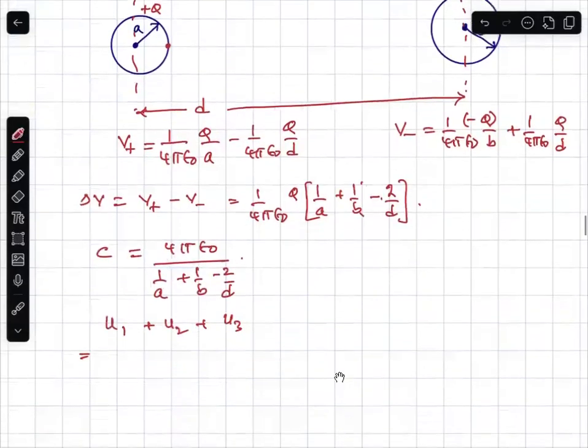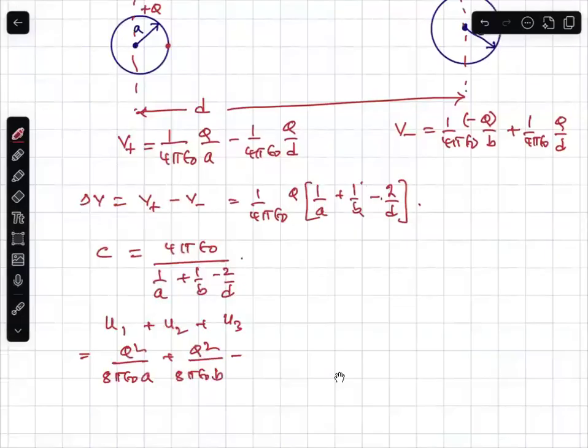What is U1? You already studied electrostatics, electrodynamics. What is the energy of the first part? The energy of the first part is Q square by 8 pi epsilon naught A. The self-formation energy of the other is Q square by 8 pi epsilon naught B.